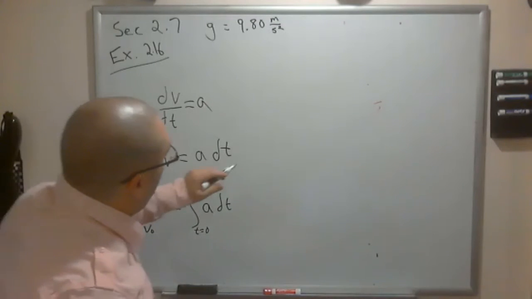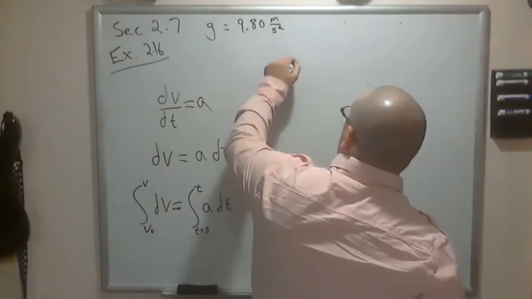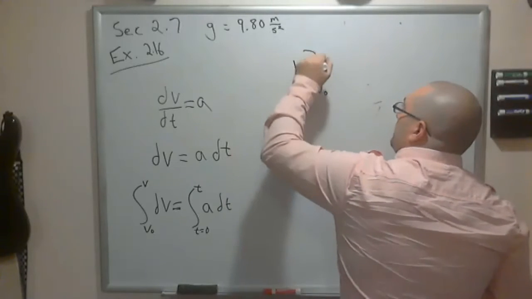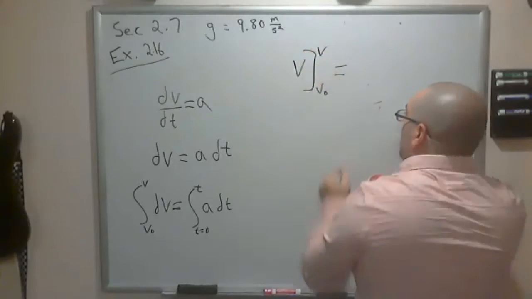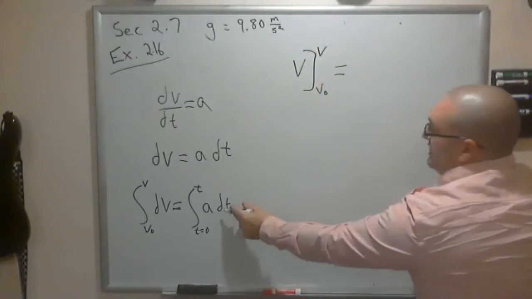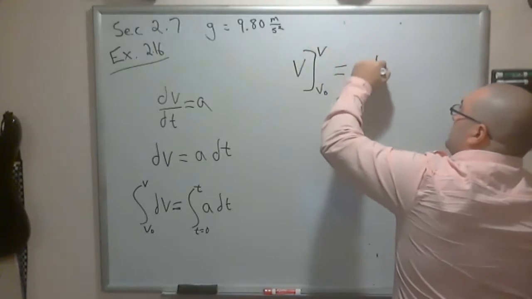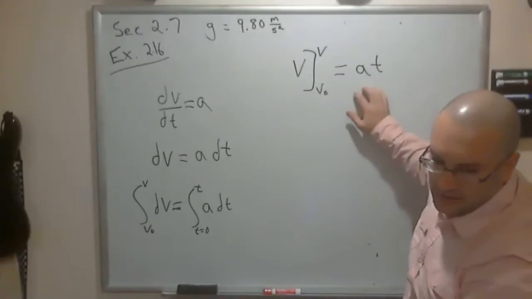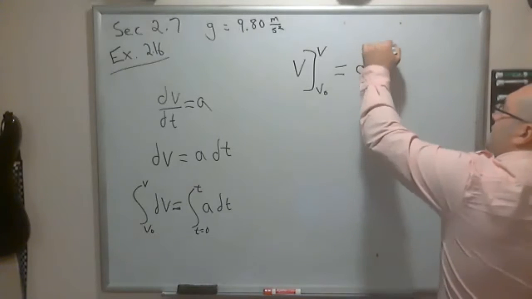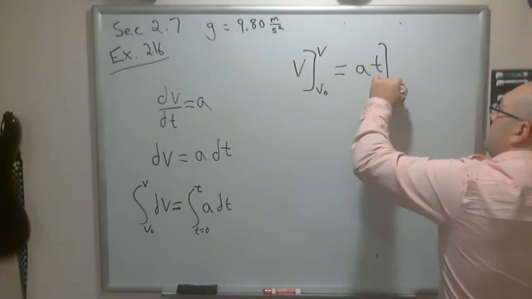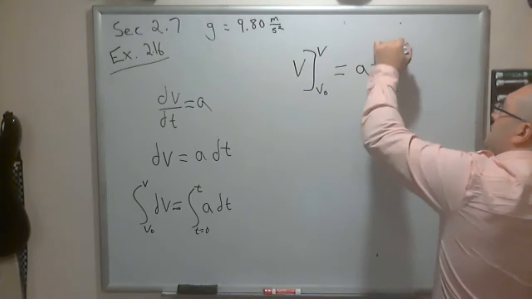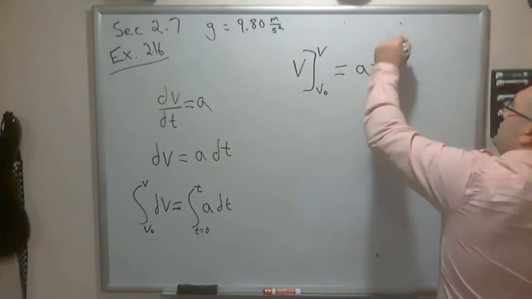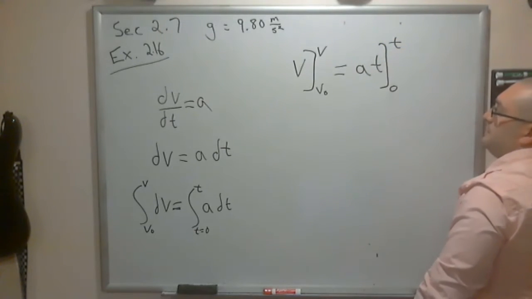So here we'll have v, from v naught to v, and then here is this dt, so it's a times t. a is just a constant, like we've been dealing with. So from 0 to some t later, right?